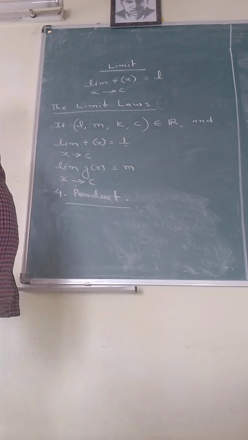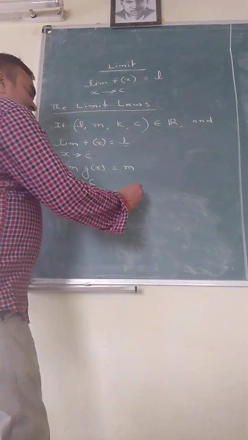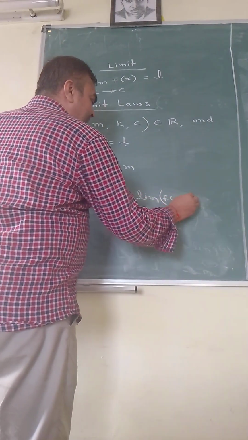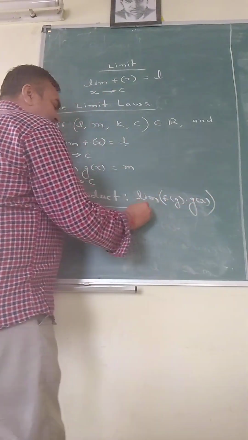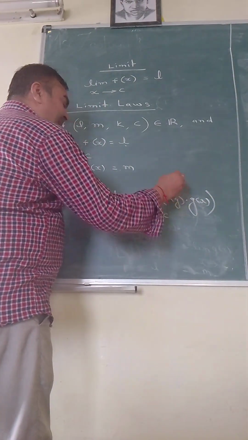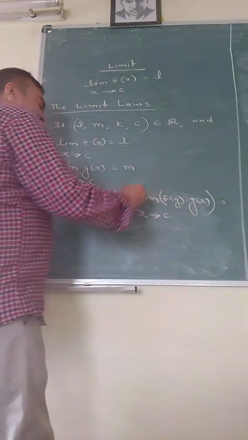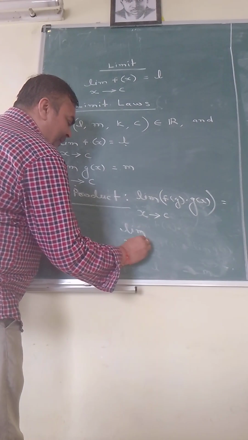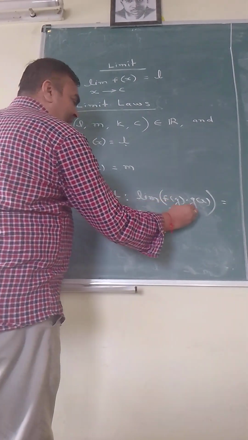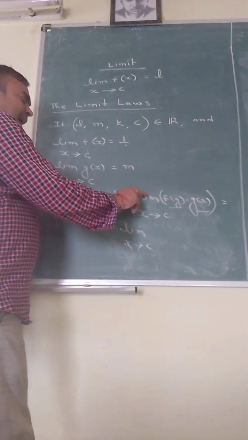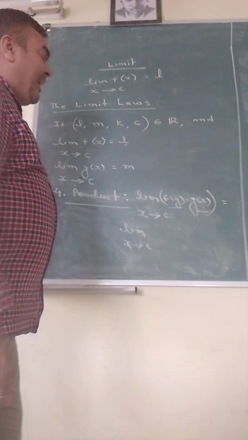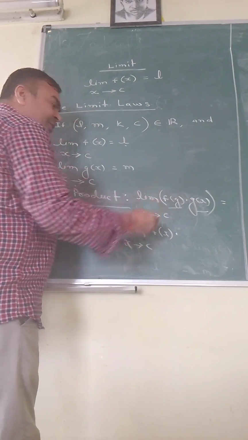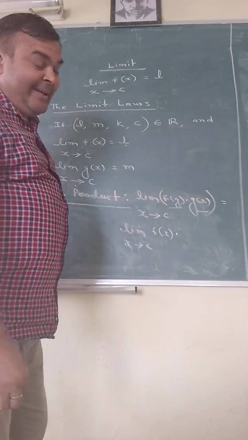This is called the product limit law. The limit of f(x) times g(x) as x approaches c is written as the limit as x approaches c of f(x), and there are two terms, and again this term is generalized as f(x), into or multiplication or product side.